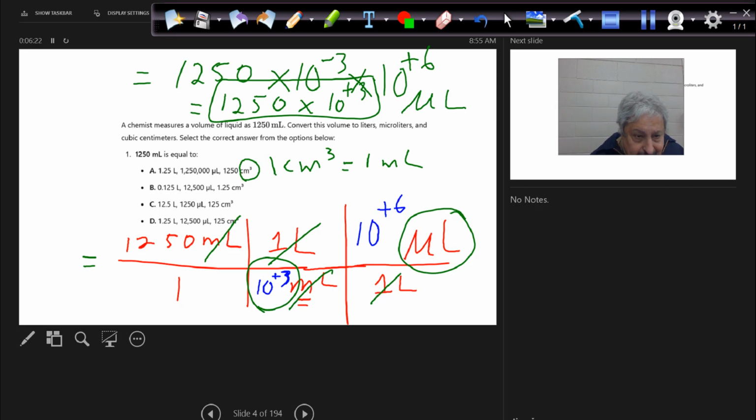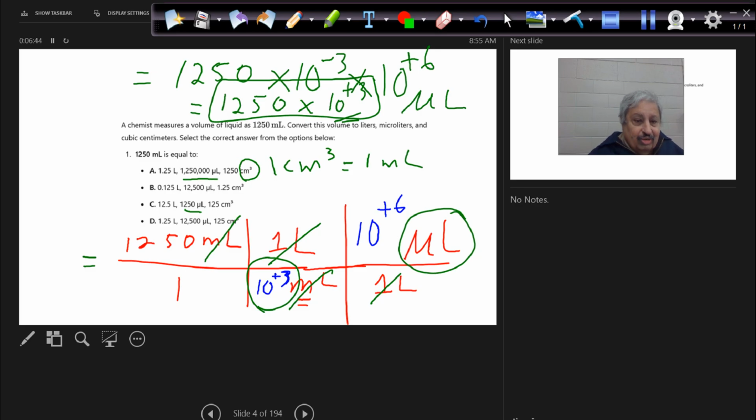We don't, correct? 125 microliters, this is not correct. The power plus 3 is not there. So which one will be correct, guys? Which one? A, 125. This one.